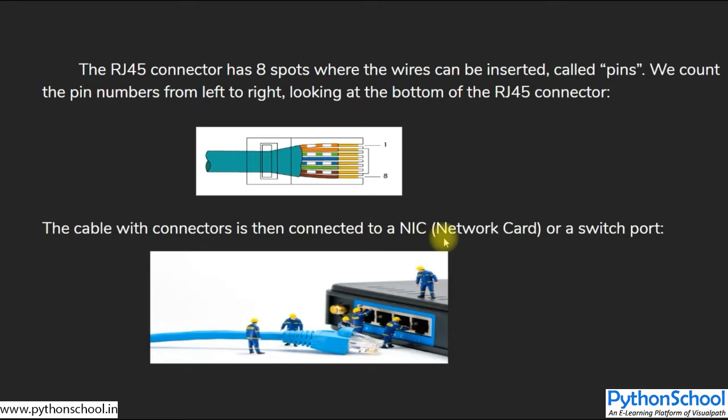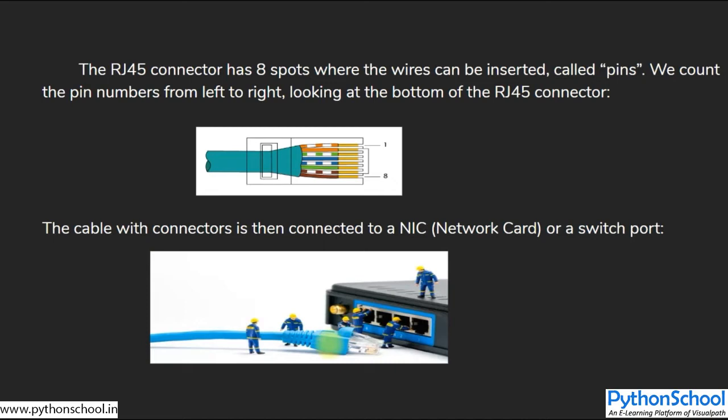Whether it is a monitor, desktop, laptop, or a switch or router that has wired network connectivity, it will have a NIC card. That is where we insert this RJ45 connector. So this wire is nothing but an RJ45 connector which we insert into a NIC card, and by using this Ethernet protocol, the actual data will be transferred through this wire.